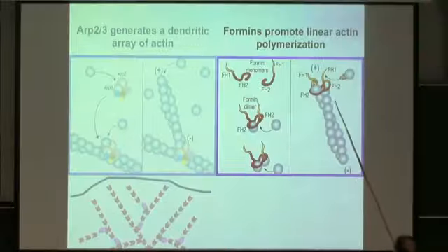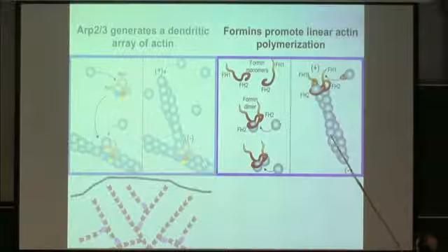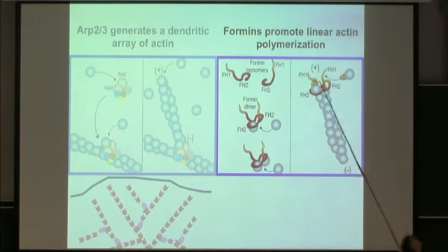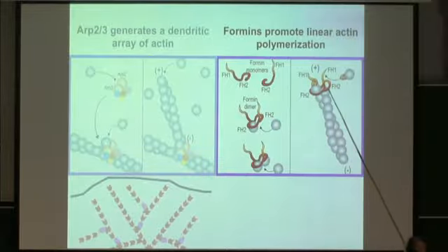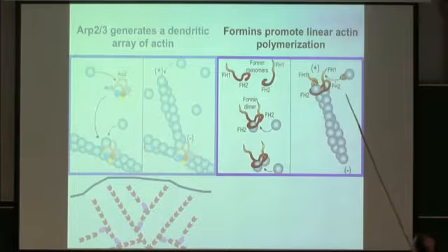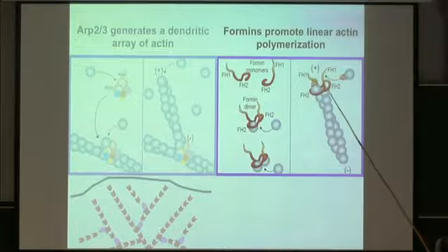But in addition to that, when an actin filament already exists, this dimer of formin can bind to or remain at the growing end of the actin filament, but permit incorporation of new actin monomers.